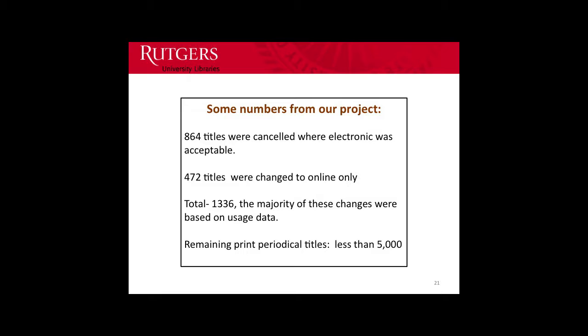So 864 print titles were canceled where electronic was acceptable, and 470 titles were changed to online, and that's considerable. The remaining periodicals after this cancellation were 5,000, and we've gone from 21,000 print to 15 to 12 to now about 5,000 subscribed titles. We're not talking about anything free, gift, or government document titles.